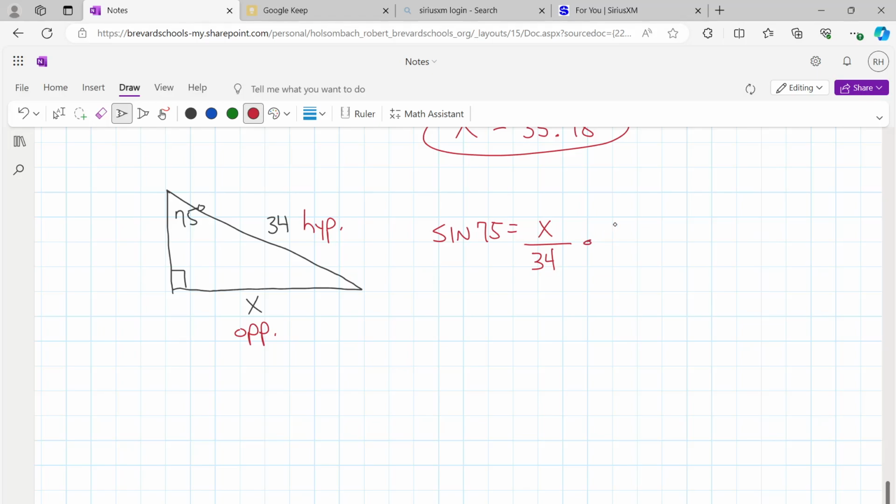Multiply both sides by 34. On the left-hand side, 34 times 75 sine. And make sure you always hit the equals button last. So 32.84 equal to our variable.